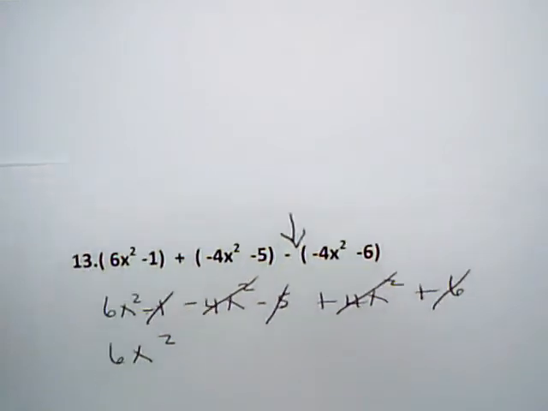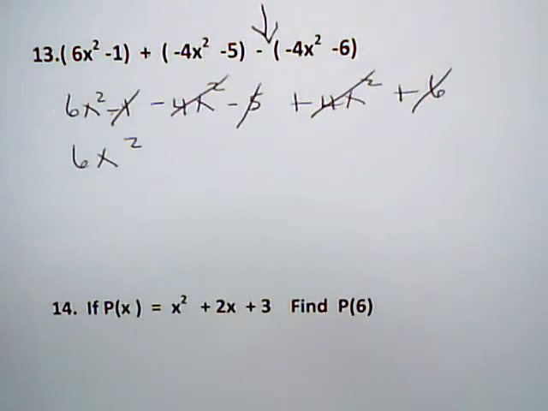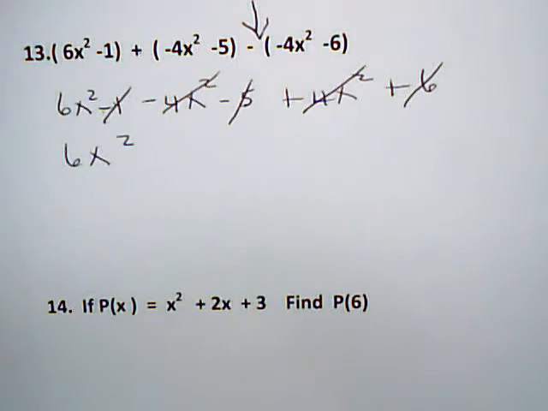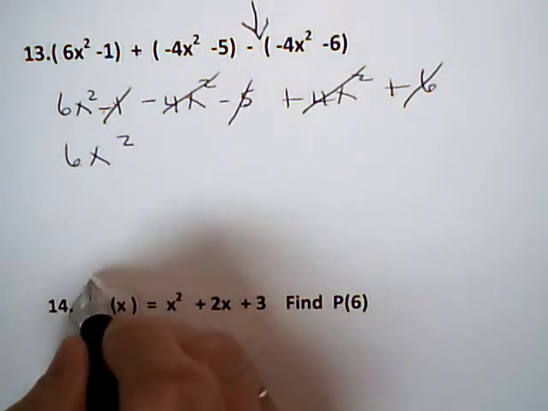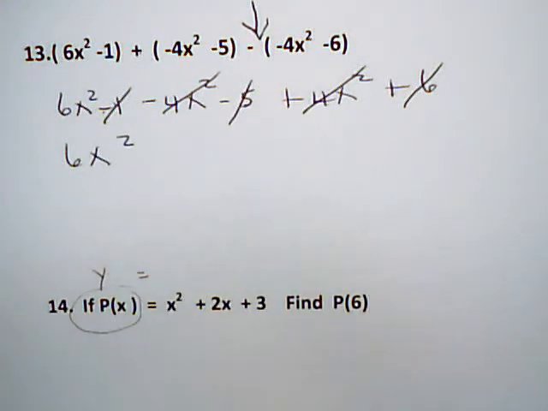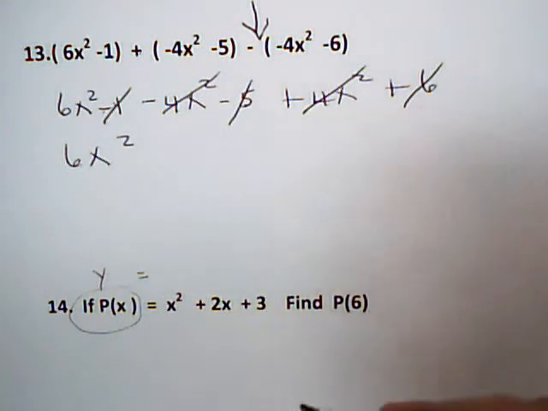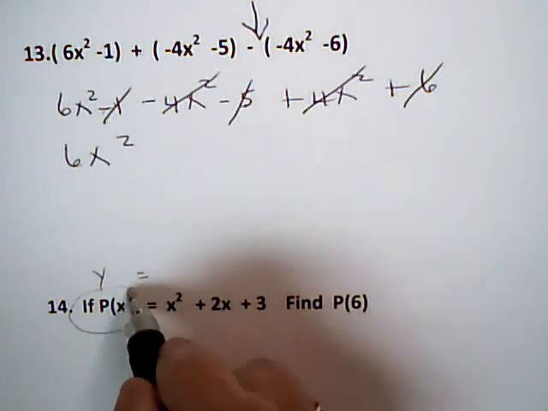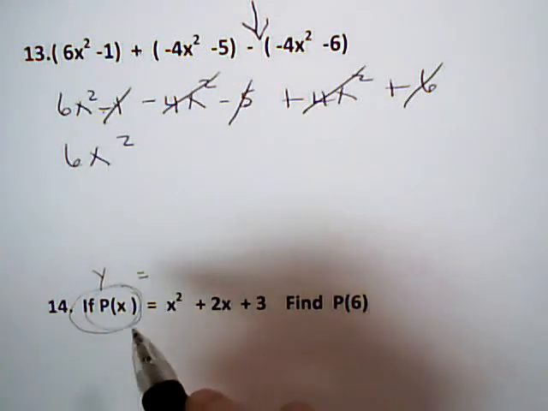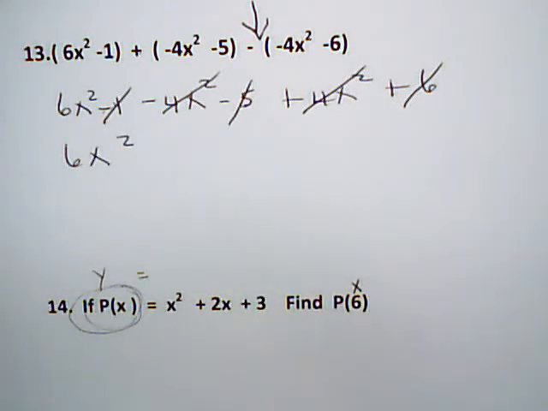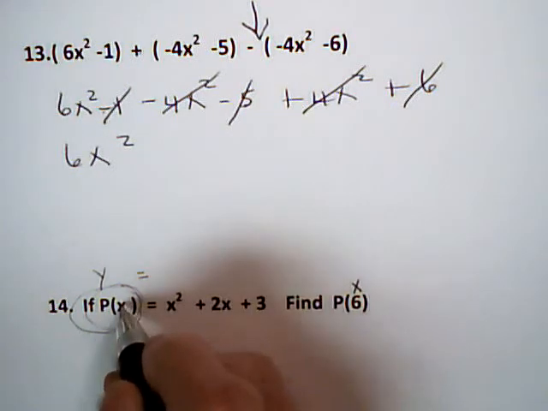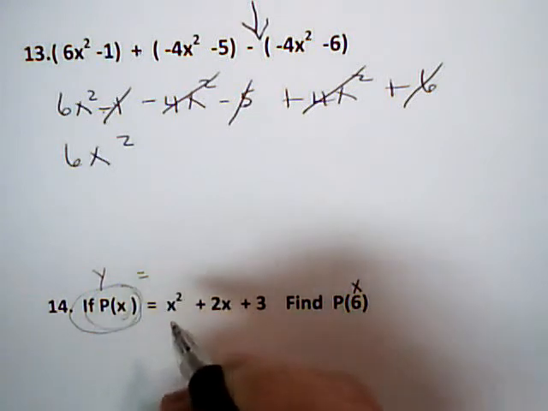Now, we're going to just touch this last problem on a function. If you'll think about this, this is really the same as saying y equals. And what you're doing is saying that I want to substitute. I want to take this y, this function, and find out what y is if x is equal to 6. This is telling you that this value right in here is my x value.